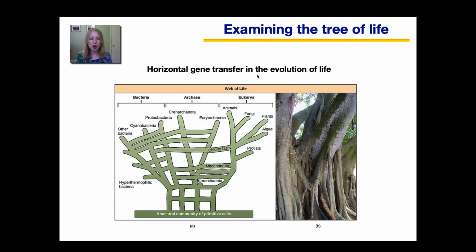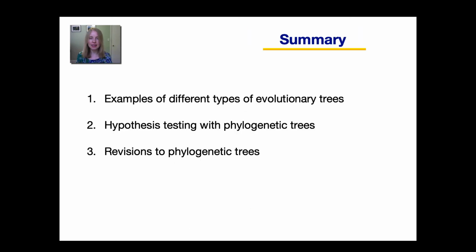So don't think of the branches of life constantly splitting off, but rather there have been numerous instances where two branches grew together to form yet a new form of life. And in a later lesson, we will focus on this part, which illustrates the horizontal gene transfer from bacteria into Eukarya.